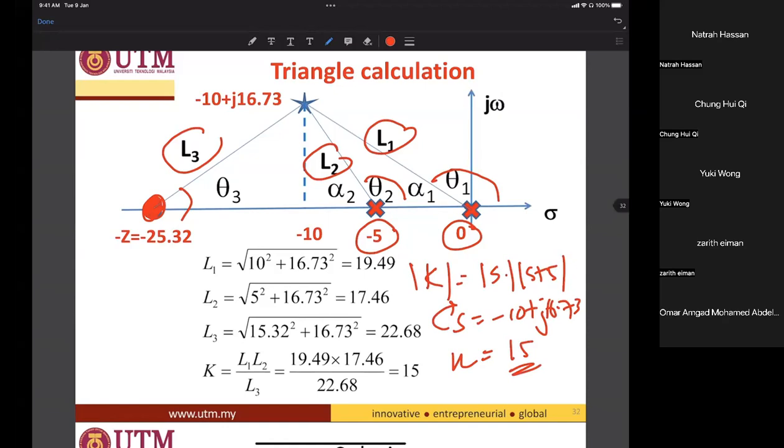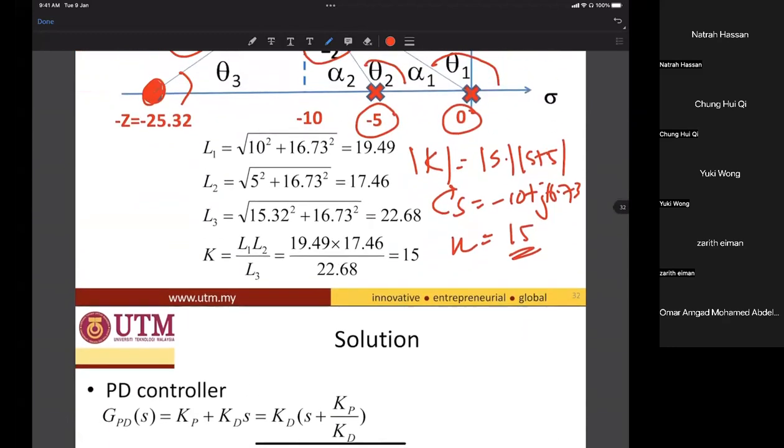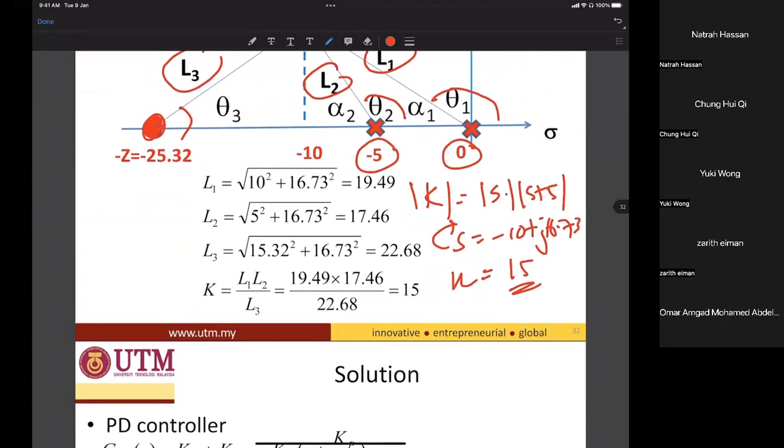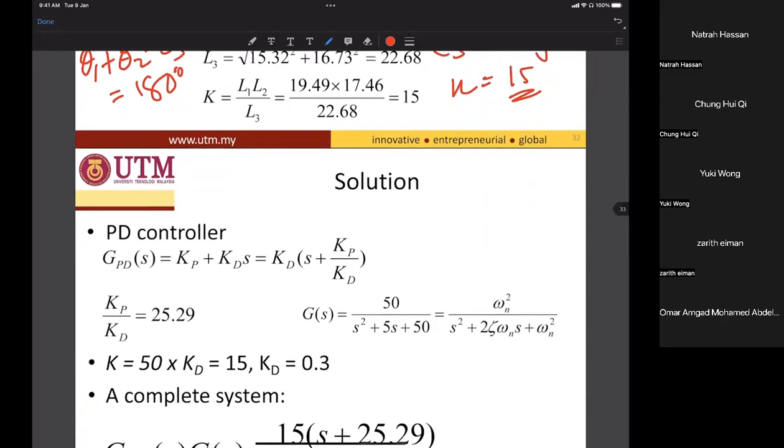So calculate theta 1, theta 2, and theta 3. Theta 3 will give you this angle. Theta 1 plus theta 2 minus theta 3 equals 180 degrees. So the PD controller now is Kp over Kd, which is 25.29.